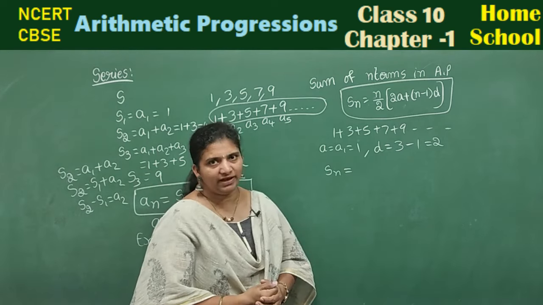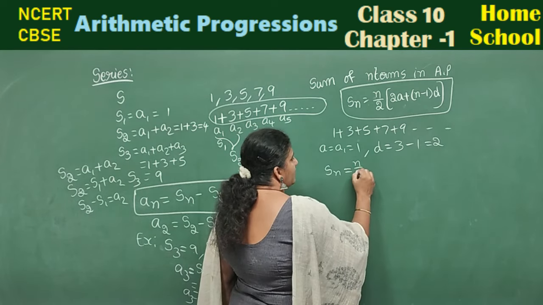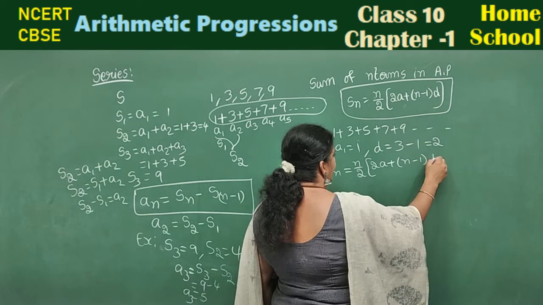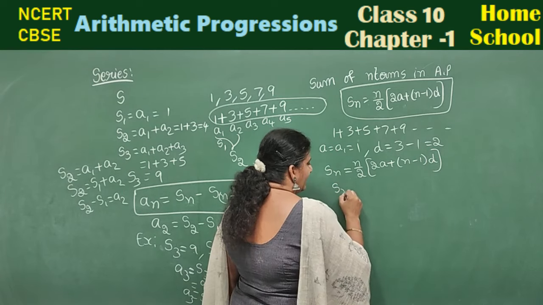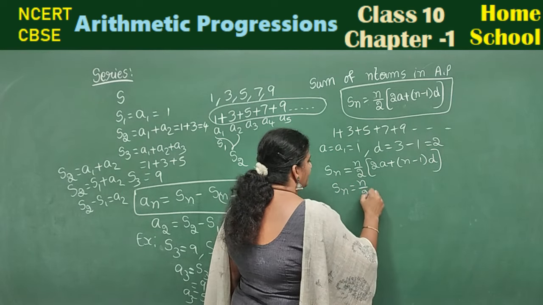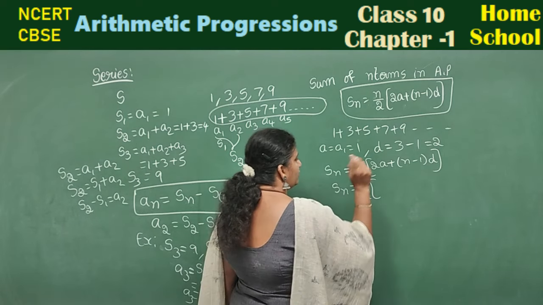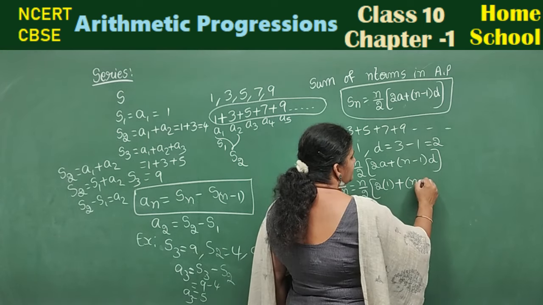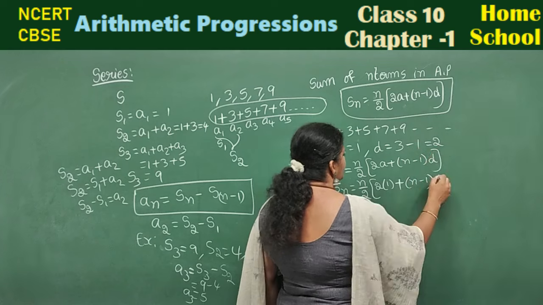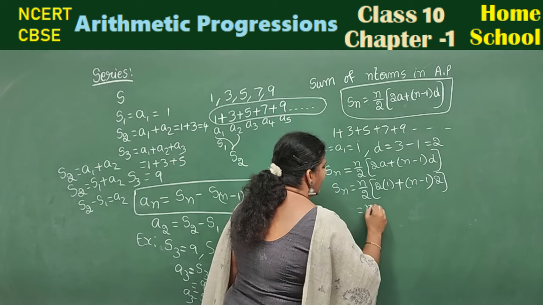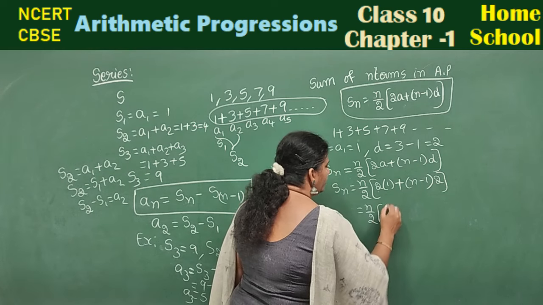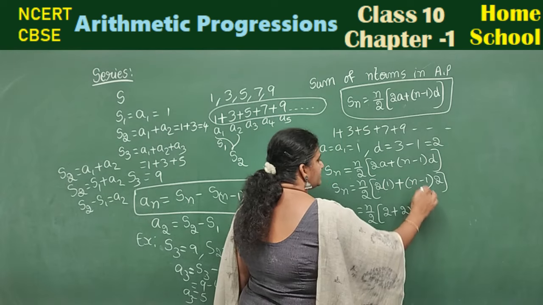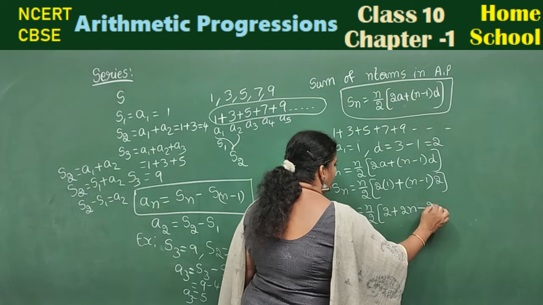Let us find the sum of n terms. Rewrite the formula. Sn is equal to n by 2 into (2a plus (n minus 1) into d). The n value we don't know, so I will write it as it is. n by 2 into (2 into 1 plus (n minus 1) into 2). n by 2 into (2 plus 2n minus 2).